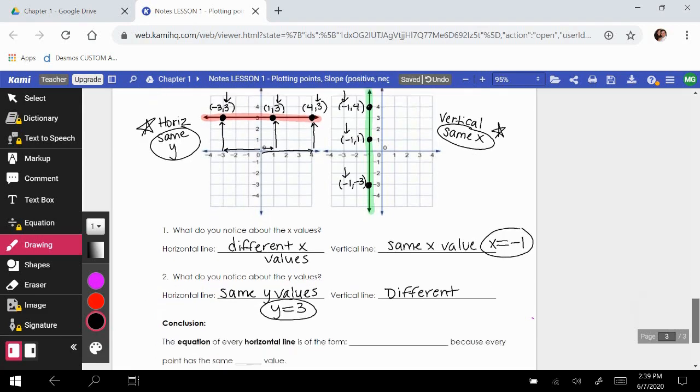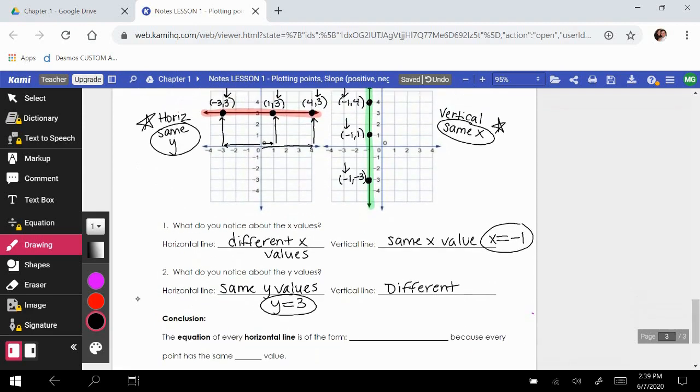All right, so to write our final conclusion, the equation of every horizontal line is in what form? Remember, horizontal lines all had the same y value. So they would have the form y equals some number, because every point has the same y value. So if you see a horizontal line, that's of the form y equals.